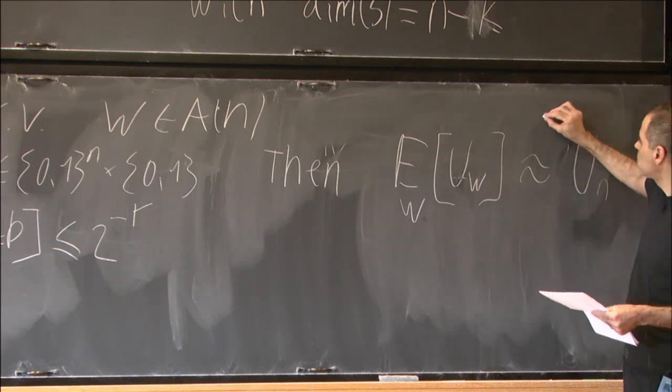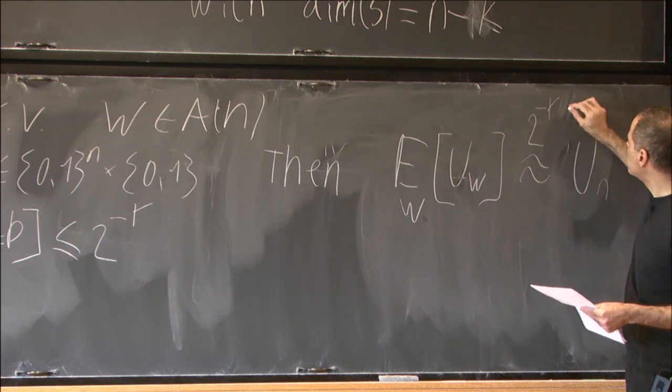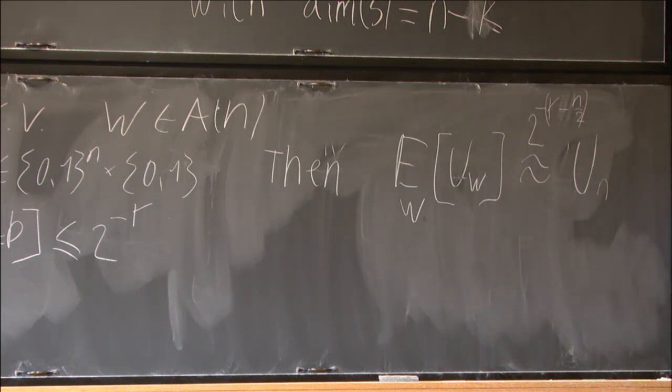And how close? It will be 2 to the minus r over 2 to the minus r minus n over 2 close. So this is a condition that guarantees that we are close to the uniform distribution.